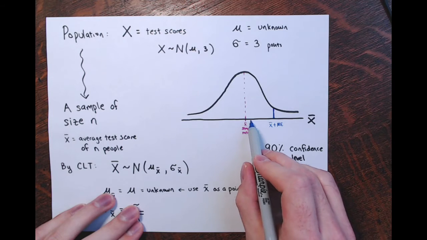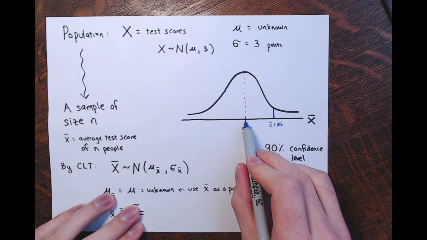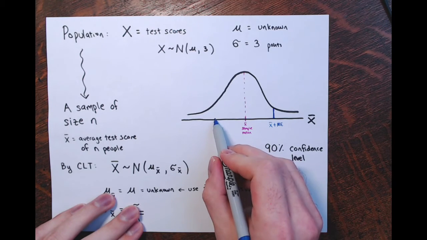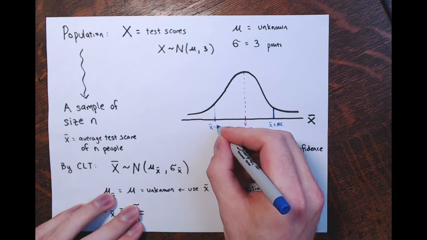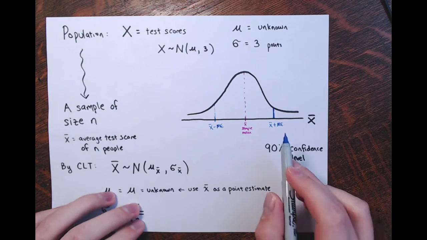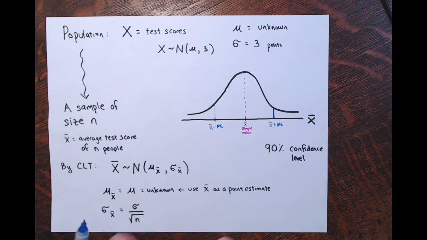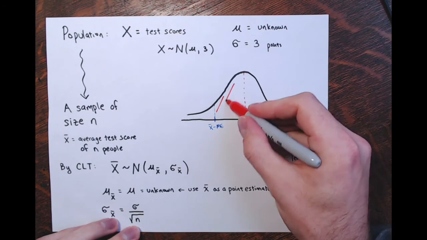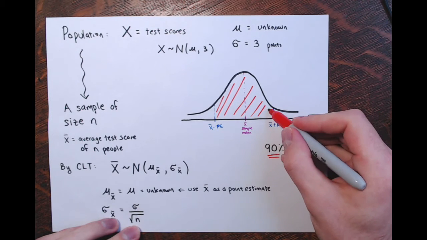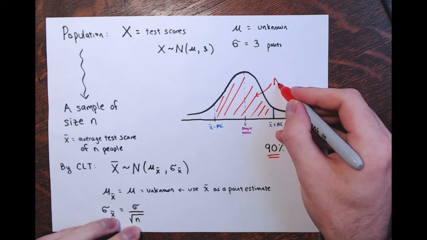I went the margin of error above the middle, and then that same distance below the middle, that's x bar minus the margin of error. I had to figure out what this error needed to be so that the area underneath the curve was my confidence level, so that the area under the curve was 90%.